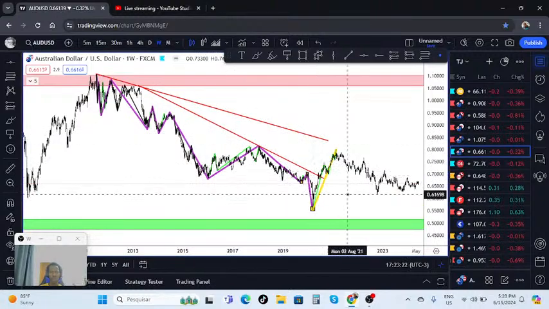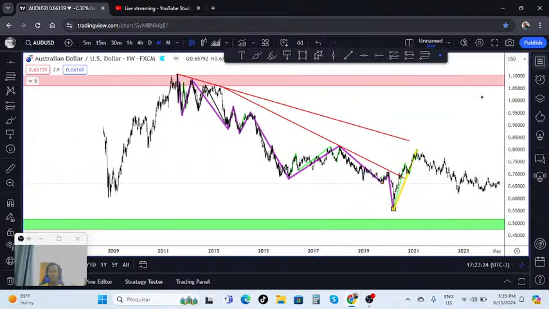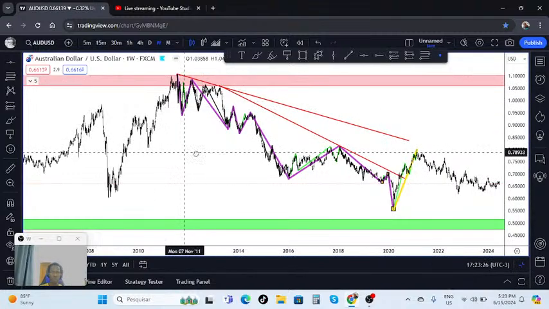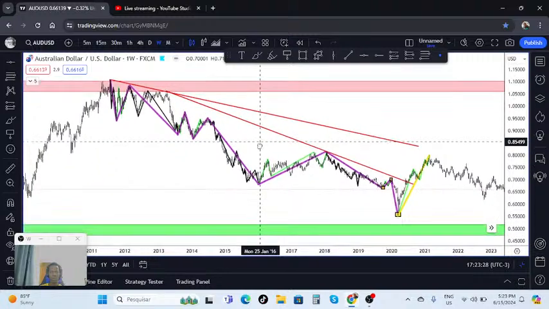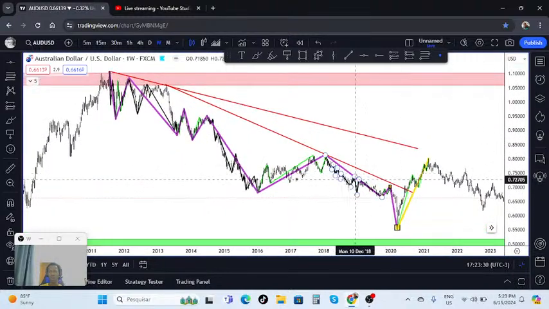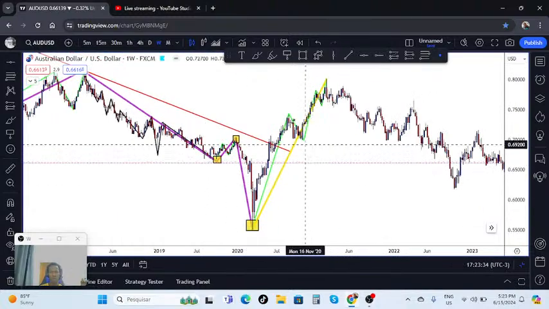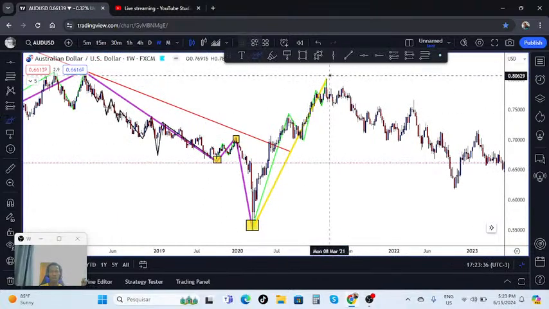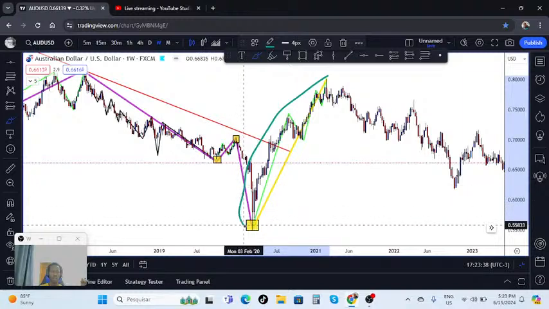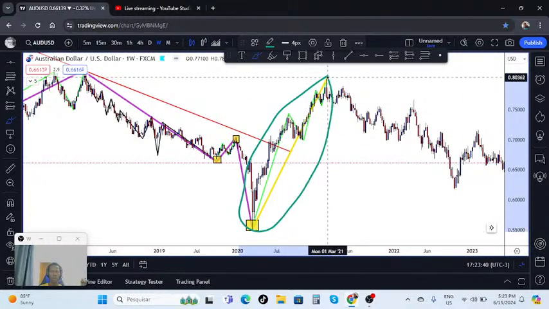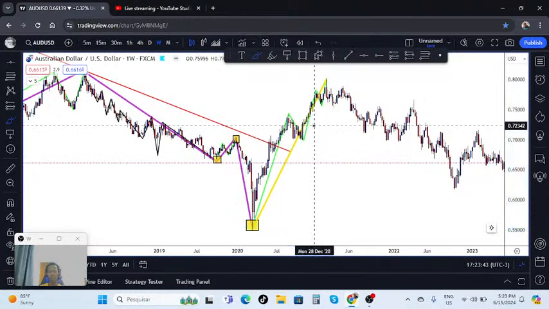So this was the weekly market structure. So I stopped right here on the weekly time frame. This is the weekly market structure right now. You can see this is the extension leg, impulse. Why?